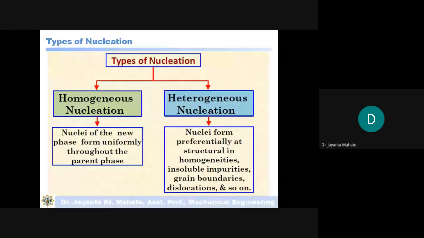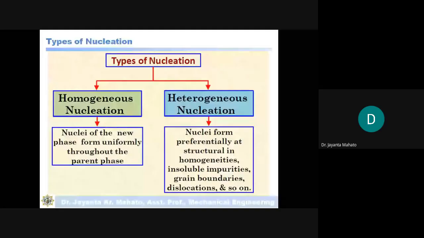But in heterogeneous nucleation there is no uniformity, meaning nuclei form preferentially at structural inhomogeneities, insoluble impurities, grain boundaries, and dislocations.